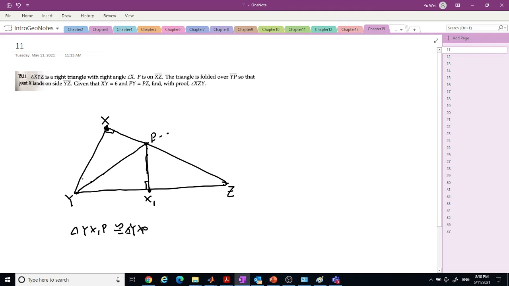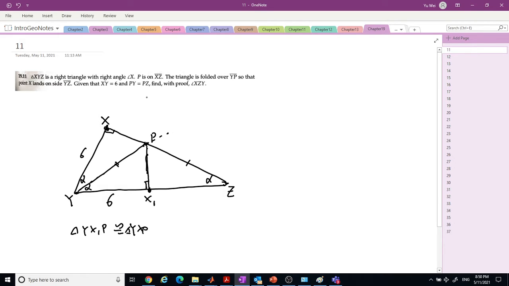So this is the angle bisector, right? And the next thing we know is py equals pz, so this is also an isosceles triangle. We have xy equals 6, so this one equals 6.